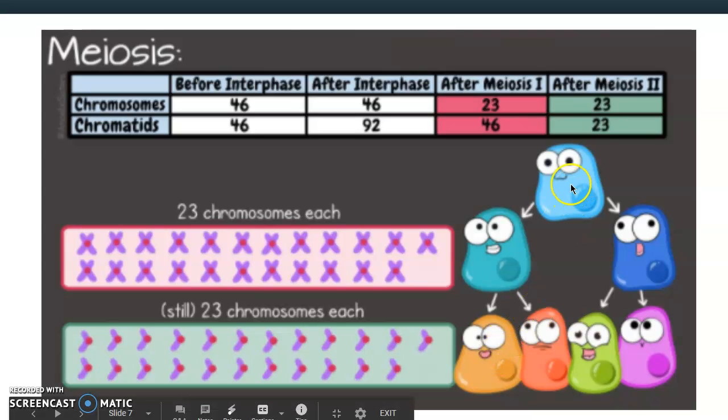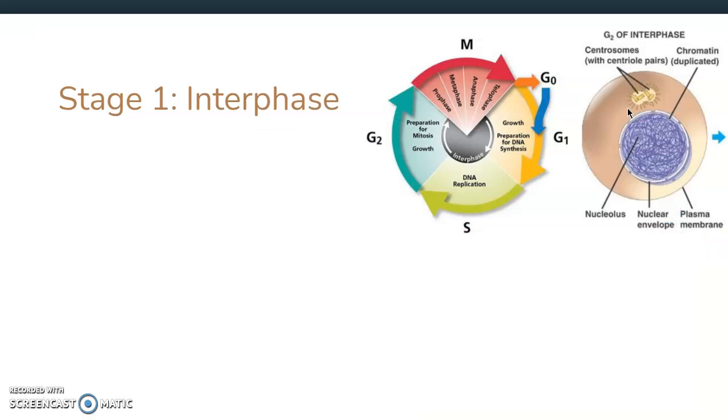So we start with 92 up here at the very top, then we do 92 divided by 2 because we have 2 cells after meiosis 1, and then 92 divided by 4 ends up being 23 because we have 4 new cells all with 23 chromatids or 23 chromosomes.